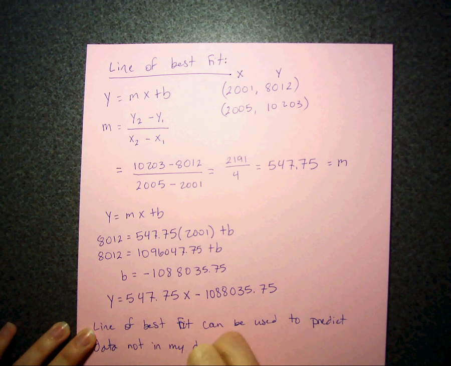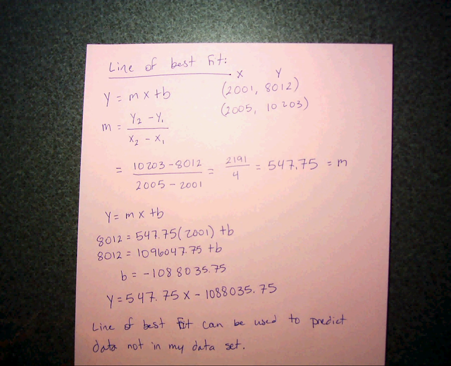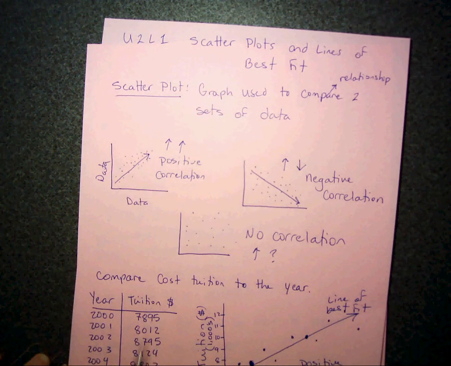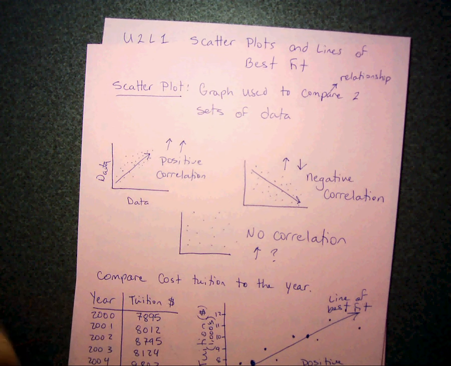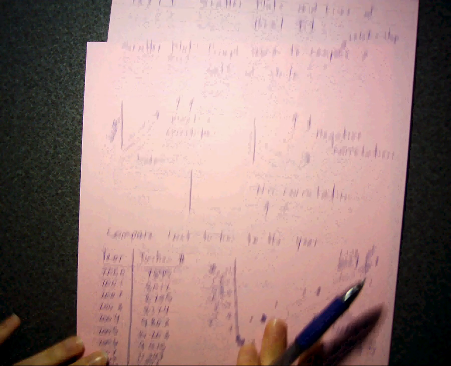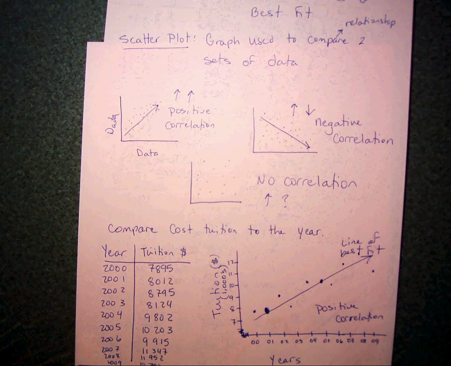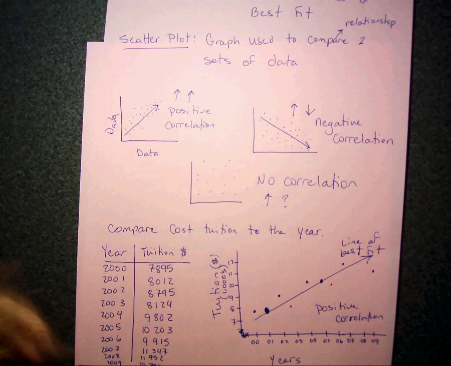And so it's going to change every time depending on what your data looks like. But in this case, what am I modeling? I'm looking at how much tuition costs from 2001 to 2009. And so I could use this equation now to predict how much tuition would cost in, let's say, 2017.